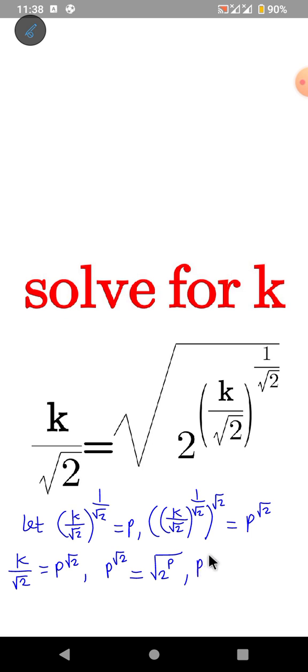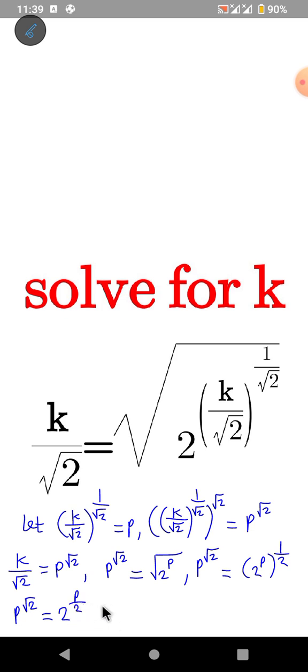Then we'll continue again. We'll say p raised to the power of the square root of 2 is now equal to (2 raised to the power of p) all raised to the power of 1 over 2. Now p multiplied by 1 over 2 will give me p over 2, so here will become 2 raised to the power of p over 2.